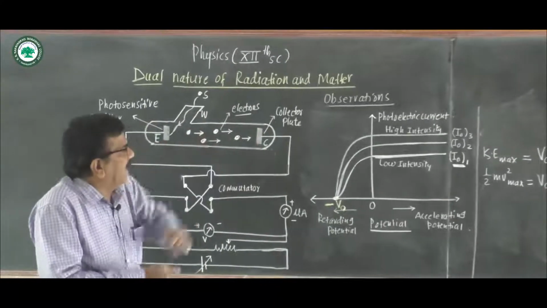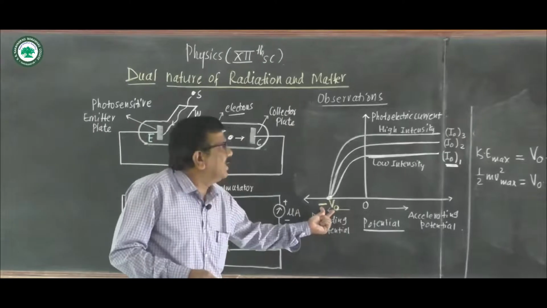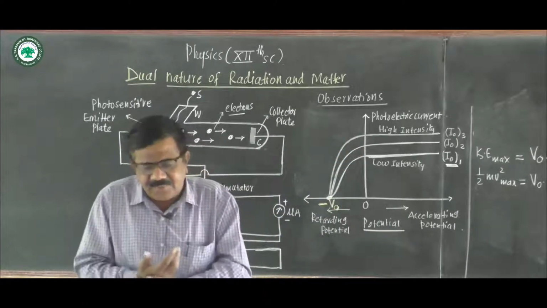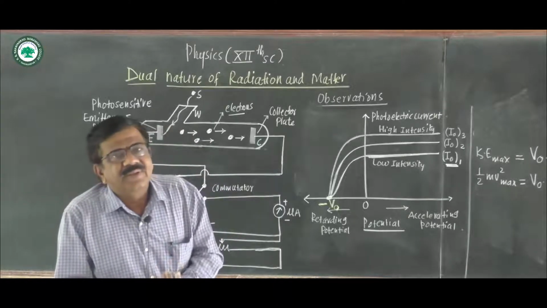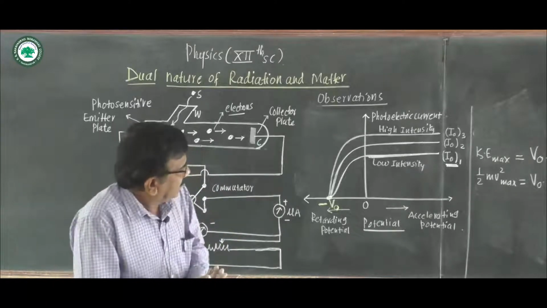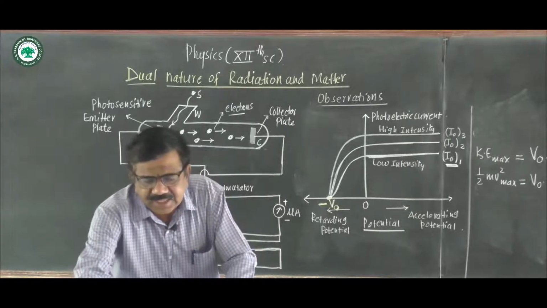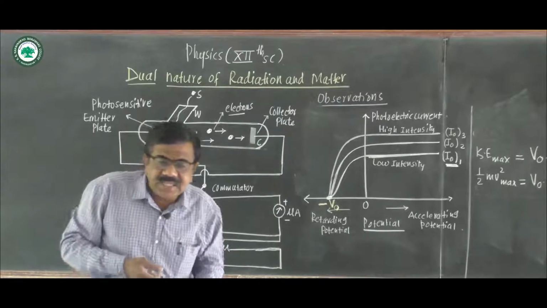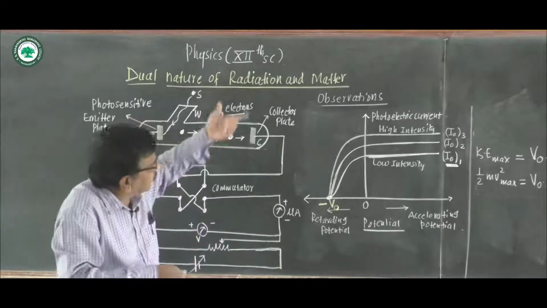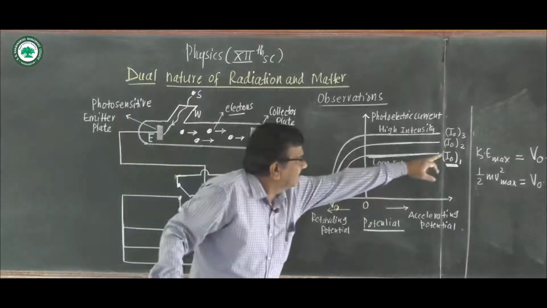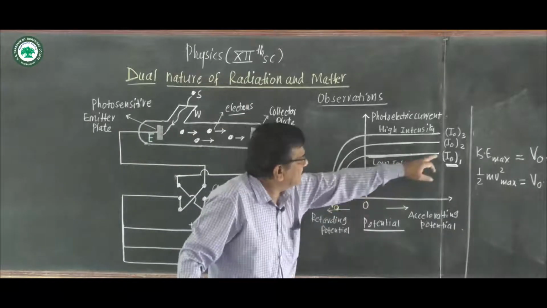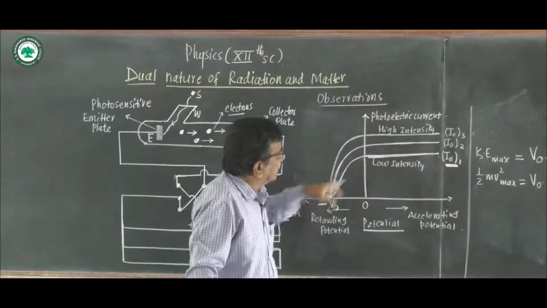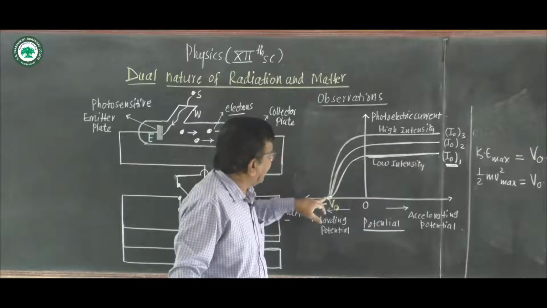Now in this experiment, this is the negative potential, or the stopping potential. If frequency is kept constant and the experiment is repeated with incident light of different intensities, see, this is the graph for low intensity, this is the graph for high intensity, and this is the graph for again high intensity.